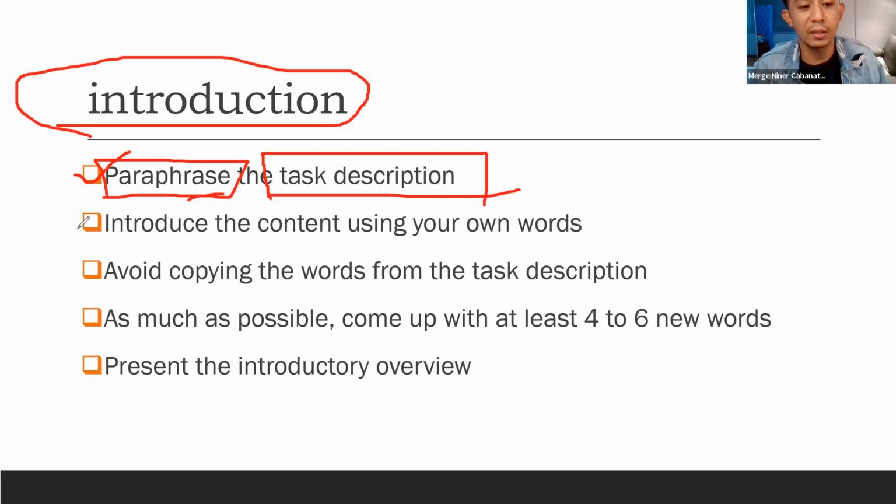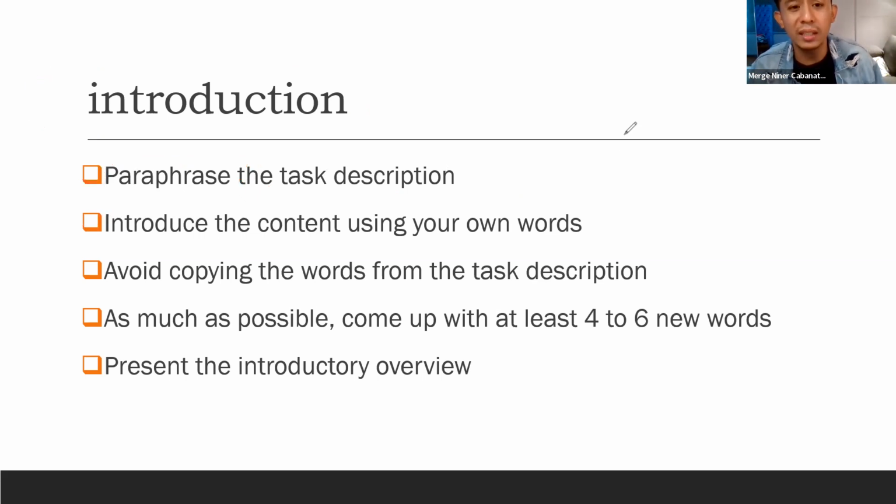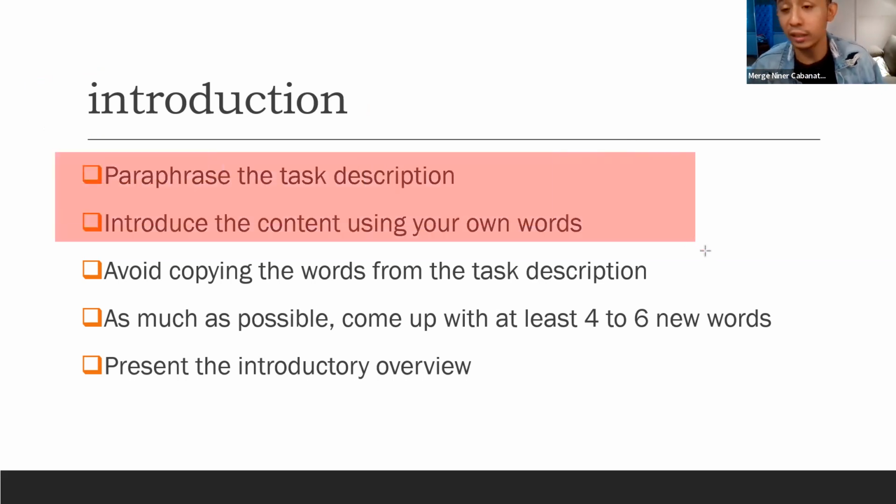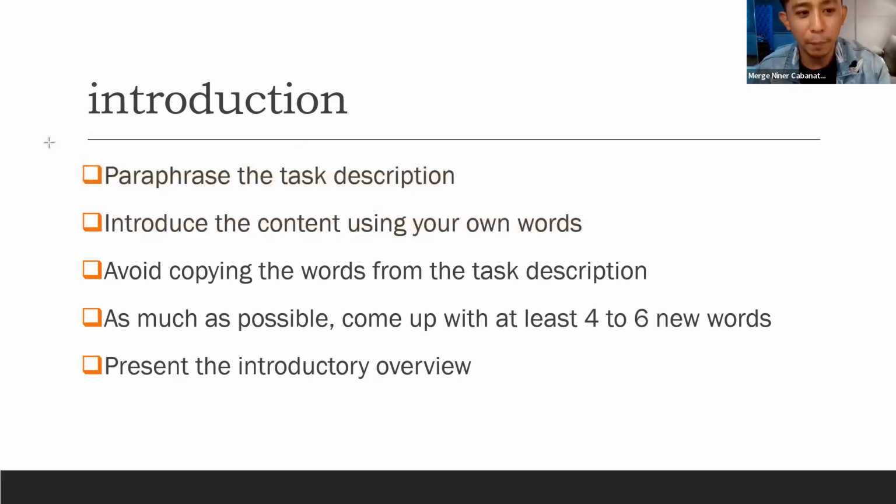The second is we need to introduce the content using our own words. Paraphrasing and introducing the content in your own words are the two most powerful techniques in writing an introduction. Not just an introduction, but an introduction that will get you there. An introduction that guarantees success. So we introduce the content using our own words, and paraphrasing of the task description is still going to appear.